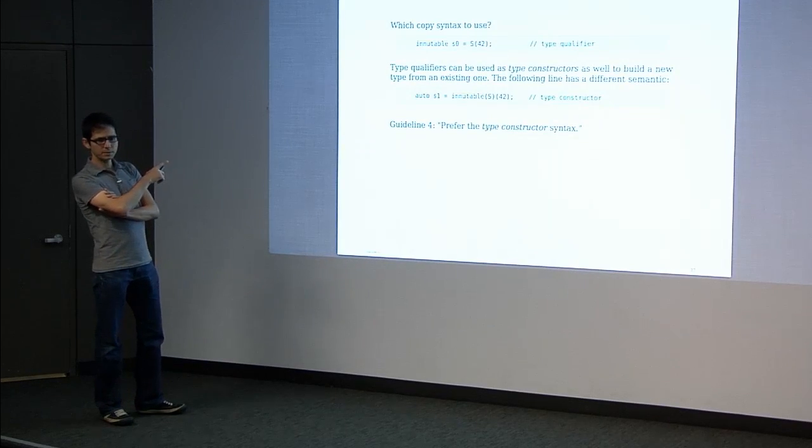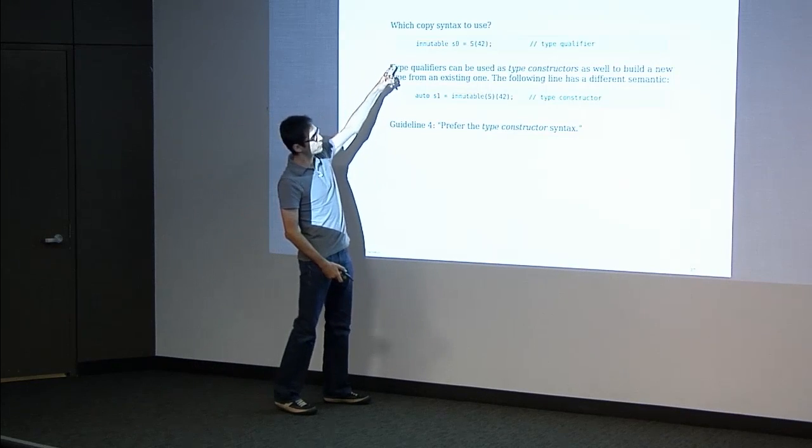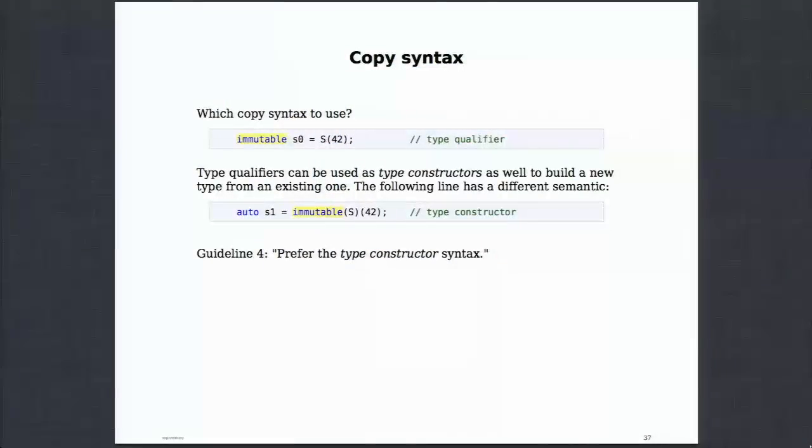So I've promised that this syntax has been problematic, at least again in May 2013. Because this one uses the immutable keyword as a type qualifier, not as a type constructor. Here, the same keyword is being used as a type constructor. There's a subtle semantic difference.